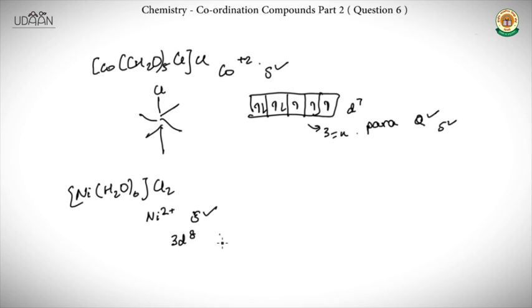Is H2O a weak field ligand? H2O is a weak field ligand. So we will have paramagnetism because the pairing will not take place completely. So we have 5, 6, 7, 8, and 2 unpaired electrons in this case, and thus it will have paramagnetism. So for this option, Q and S are the correct options.